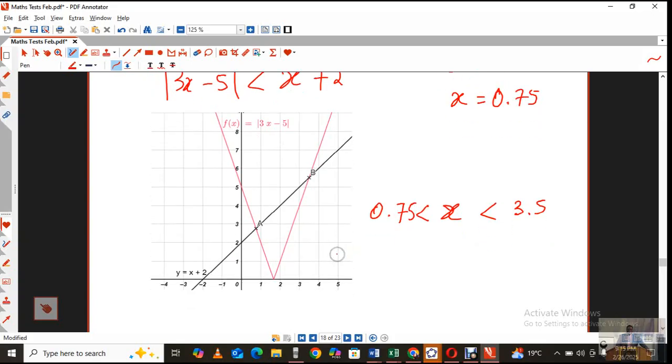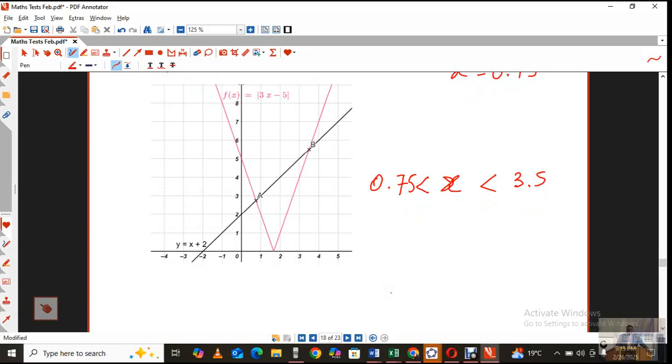Right, what else? So what happens if you had something like, for example, the absolute value of 3x minus 5 is greater than x plus 2? Well, of course, this just means you still know your intercepts, as you can see. You just now know where is the absolute value, the pink one, where is it above?